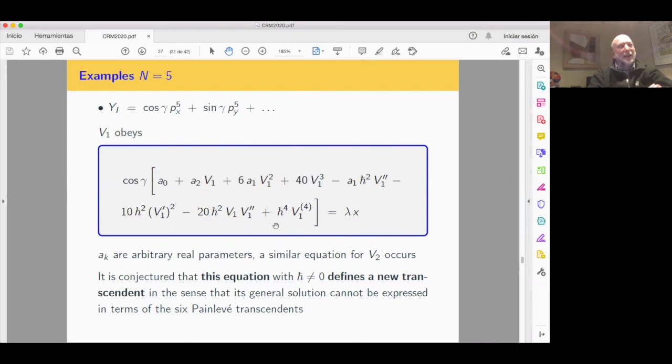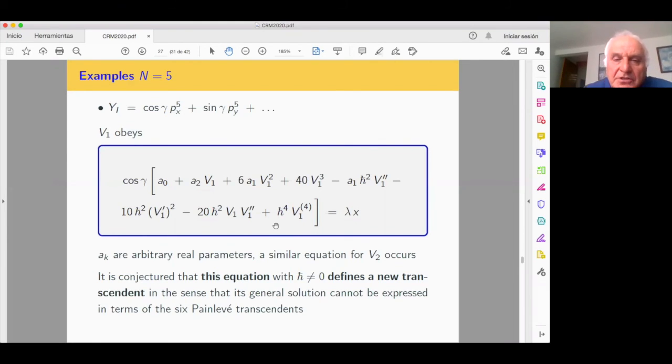But in non-relativistic quantum mechanics, I'm asking if you had any thoughts. You've encountered this potential for a long time now. What do they mean physically? Well, I guess the answer to that is we have no idea. Fair enough.